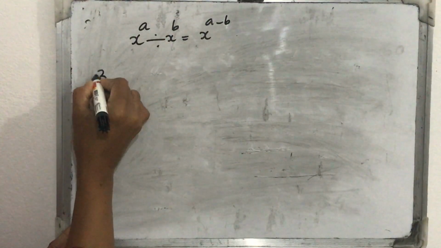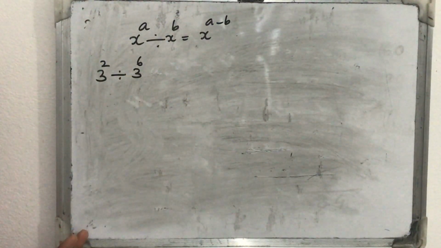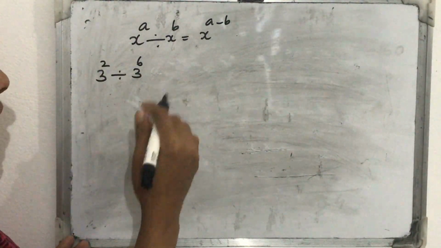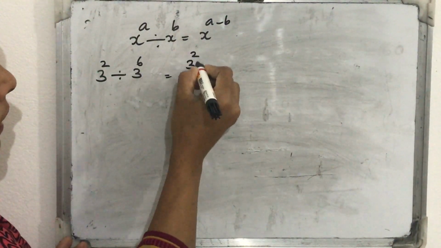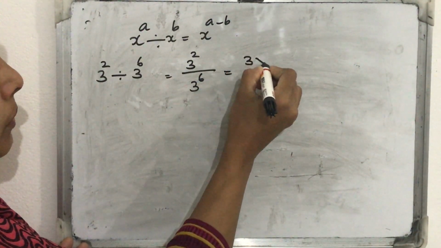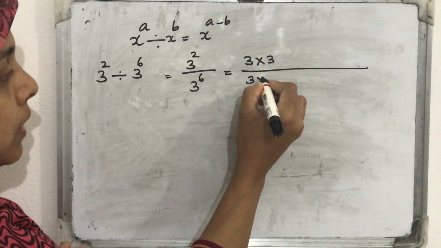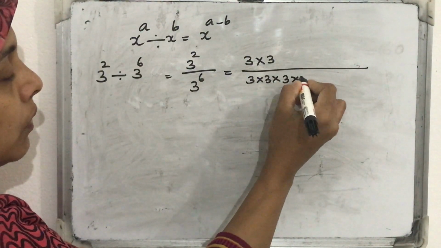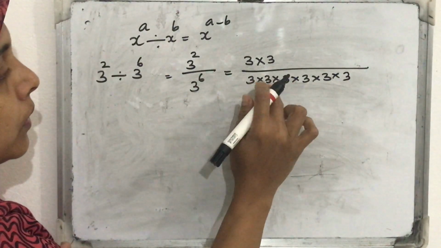Suppose we want to divide 3 square by 3 raised to 6. What will happen when we do this calculation in the normal way without using any laws? We can write 3 square by 3 raised to 6. That equals 3 square, which means 3 multiplied 2 times, and 3 raised to 6 is 3 multiplied 6 times: 1, 2, 3, 4, 5, 6.